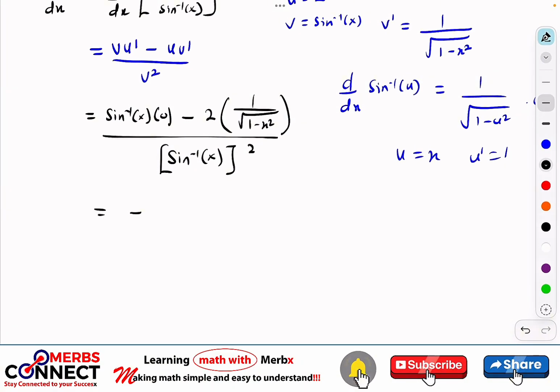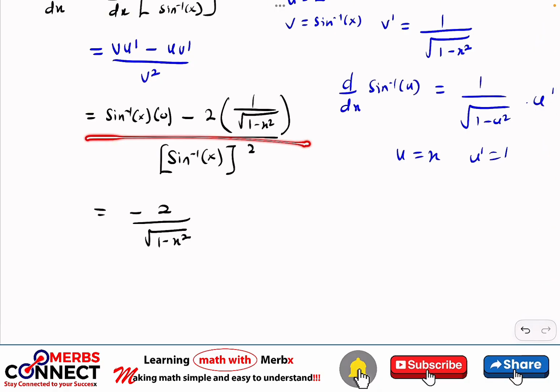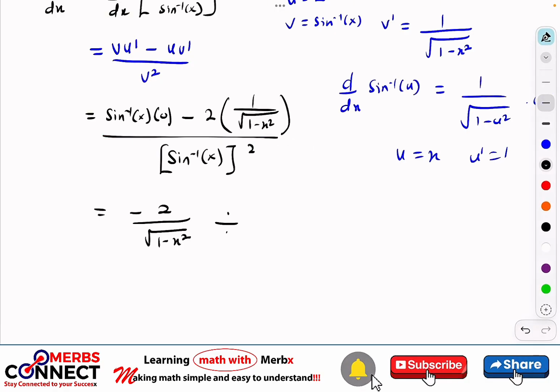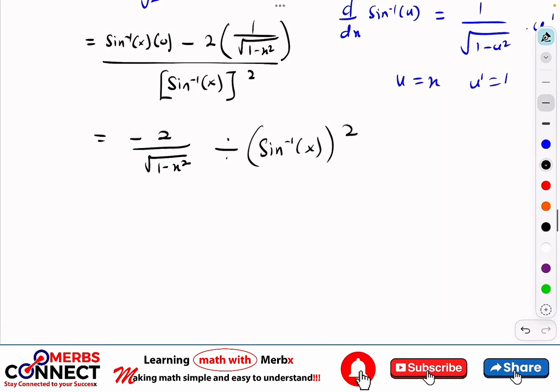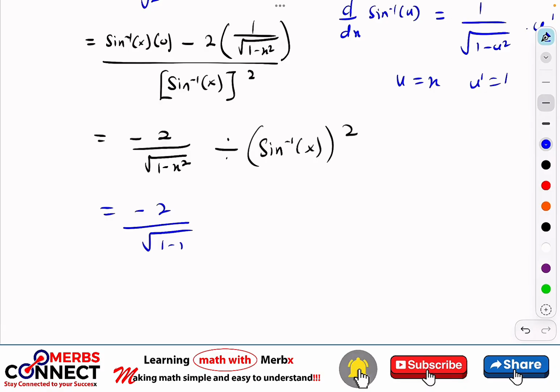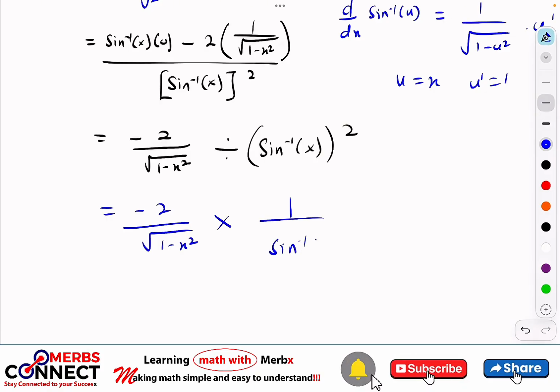minus 2 divided by square root of 1 minus x squared, divided by, but I'm going to use this division sign, divided by this sine inverse of x all squared. And we can just do it, minus 2 square root of 1 minus x squared times 1 divided by sine inverse of x squared.